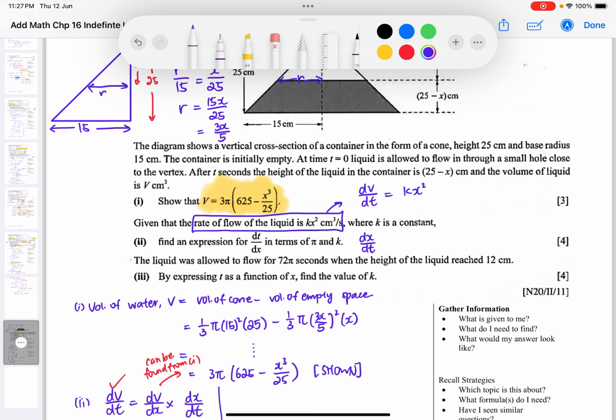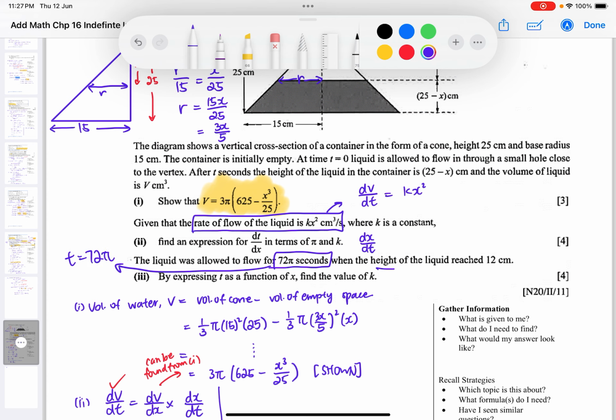Okay, so what does that mean? So this is telling you that t, when the liquid was allowed to flow for 72 pi seconds, is 72 pi.